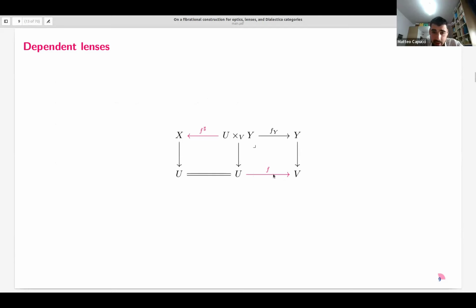We still have a map here on the bottom. Here the boundaries are now arbitrary morphisms instead of projections. And then F sharp is now going from the pullback of the second object along F to the first object, okay? And taking this pullback is such that we're now looking at all the possible answers that can be given to the question that the first person asked.